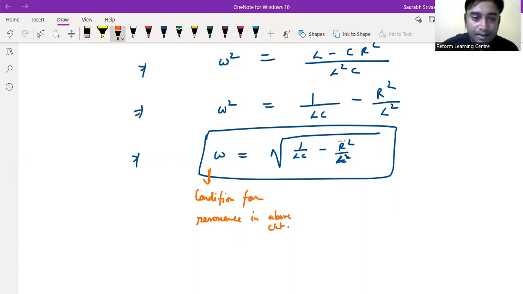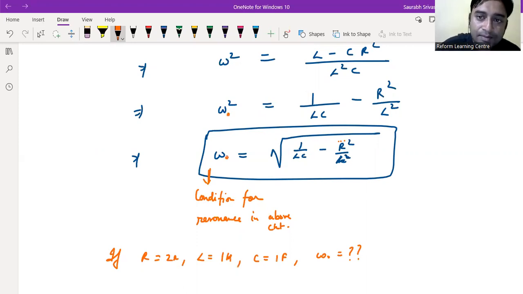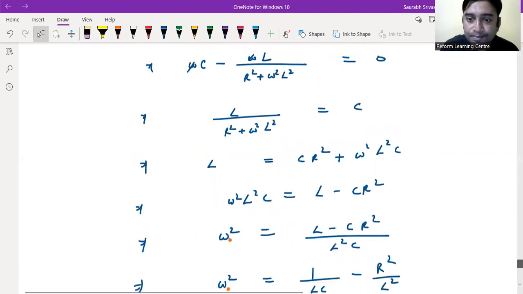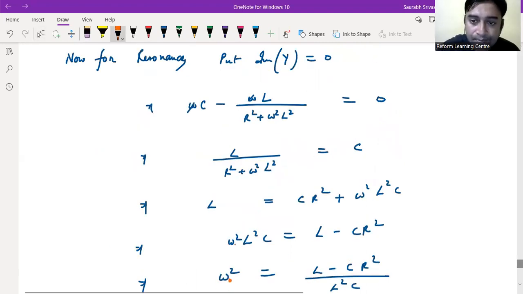ठीक. Also, if R is equal to 2 ohm, L is equal to 1 Henry, and C is equal to 1 farad, so omega naught will be what? The resonance frequency omega naught कर लीजिए. ओमेगा नॉट का वैल्यू बताइए. Under root minus 3.